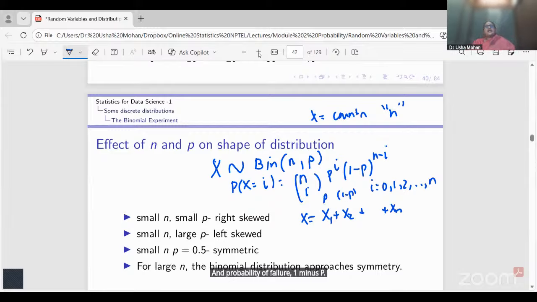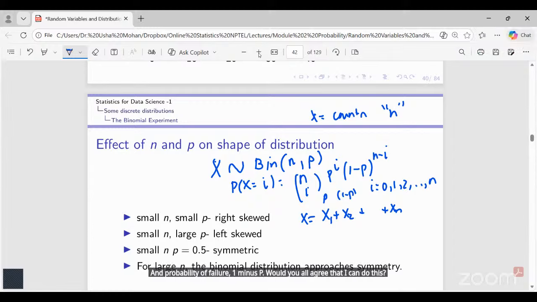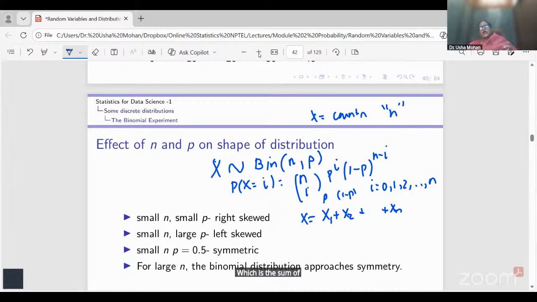Would you all agree that I can do this? I can express x, which is the number of successes, as x1 plus x2 plus up to xn, where each xi is a Bernoulli random variable, and x1, x2, up to xn are independent of each other and have identical distribution. Would you all agree with this?